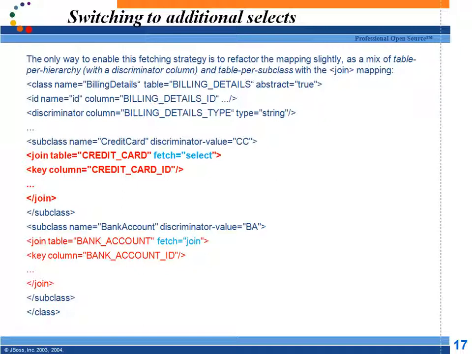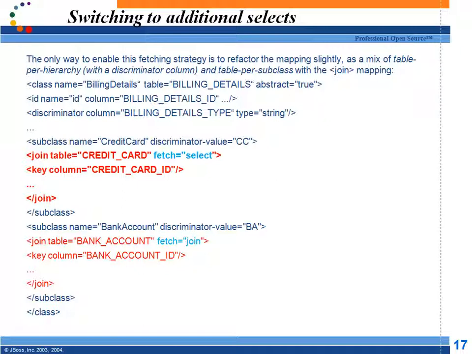Here in this case, for the credit card table I specified fetch is equal to select, and for the bank account table I specified fetch is equal to join. So whenever I fire a query, it will join bank account with billing details and get the details of both. But for getting credit card, it will fire a separate select query.